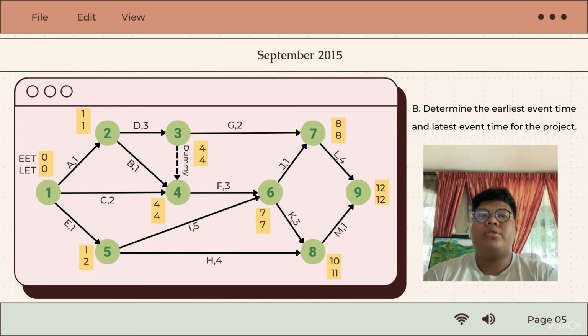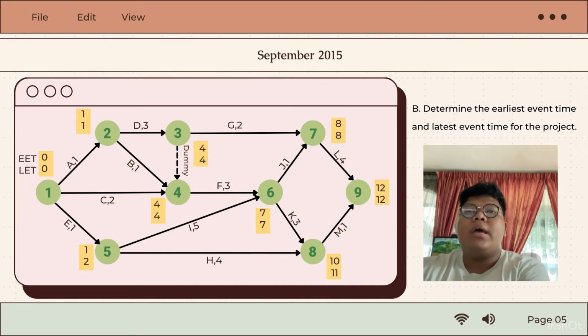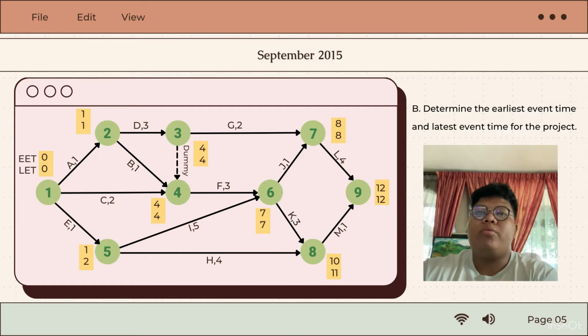So we choose 1 because 1 is the lowest value. For the last path, which is 1, they have 3 tails, which are 1 minus 1 equals 0, 4 minus 2 equals 2, and 2 minus 1 equals 1. So we choose 0 because 0 is the lowest value. With that, the EET and LET are complete.